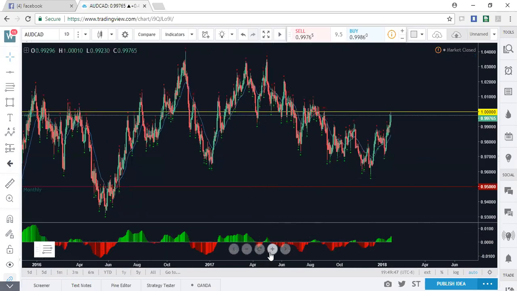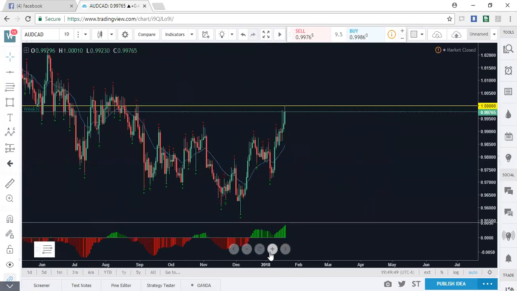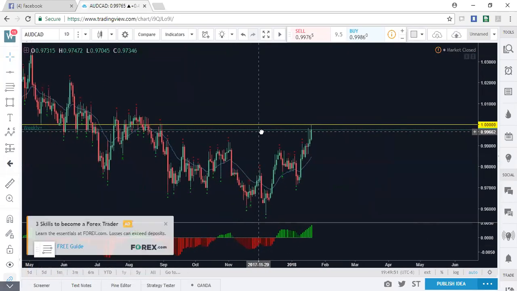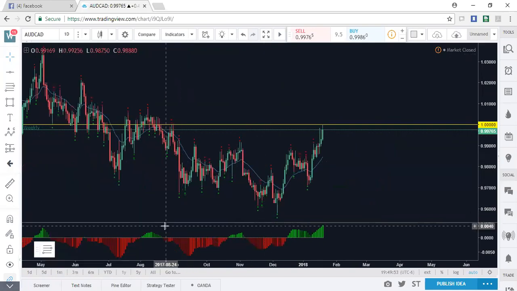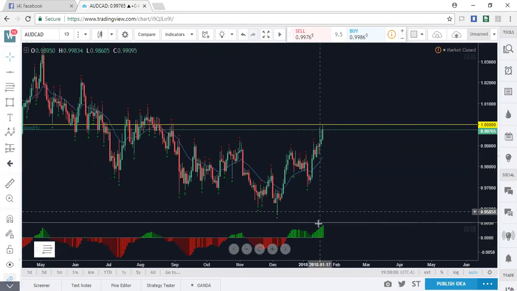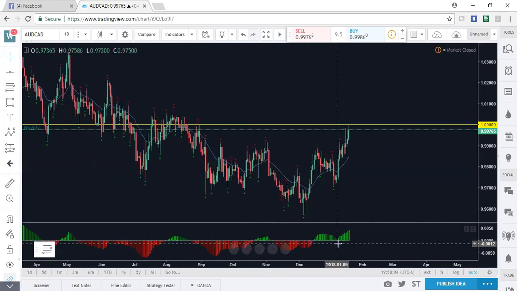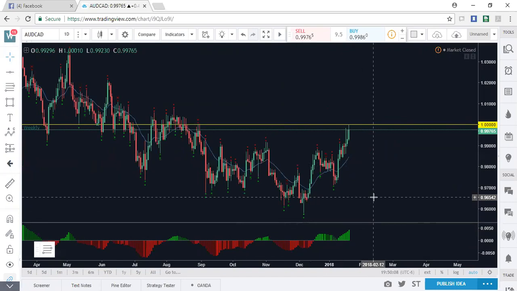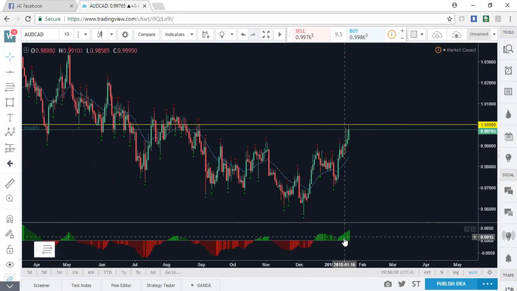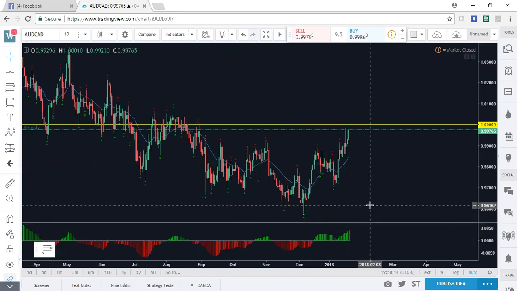So what we must do, let me zoom in a little bit. What I do is I use this MACD indicator, all right? The way you use this is the colors differentiate between the strength or the momentum of the market. The bars tell you the strength or the trend of the market.